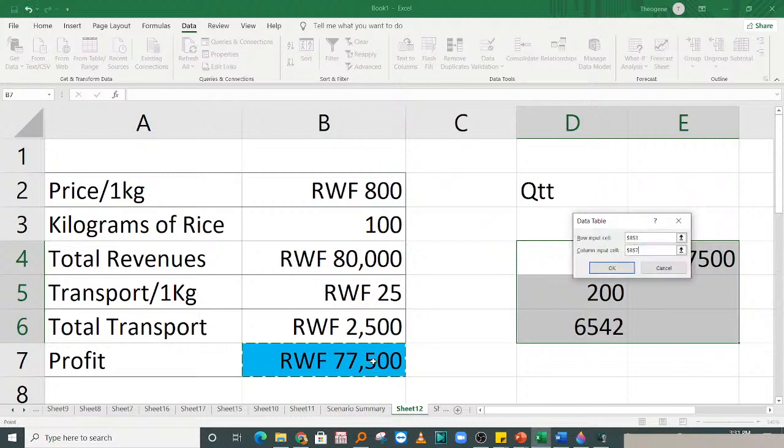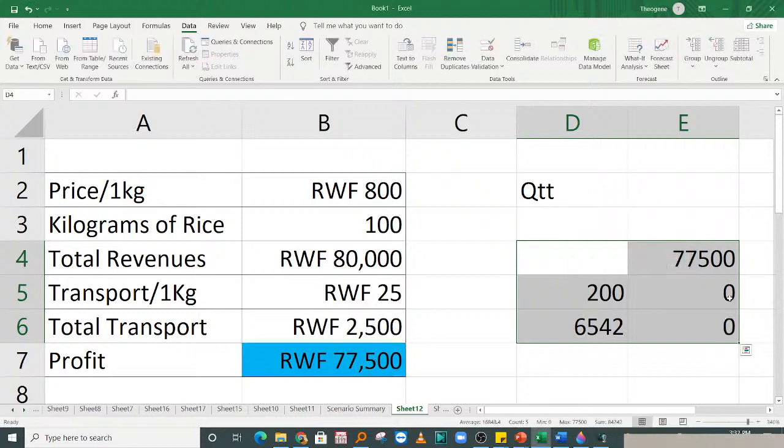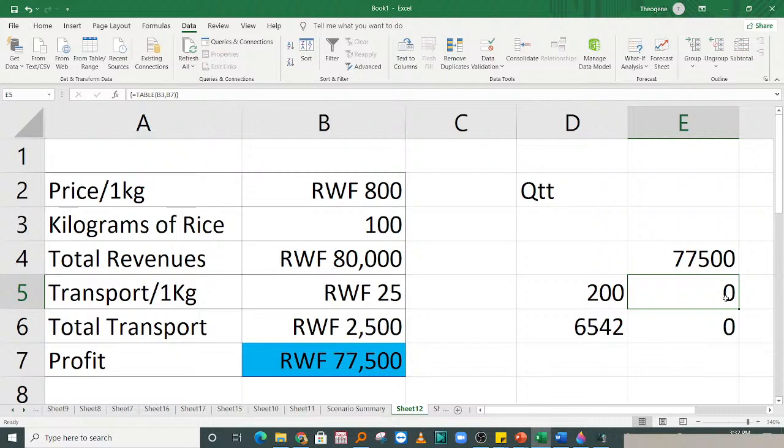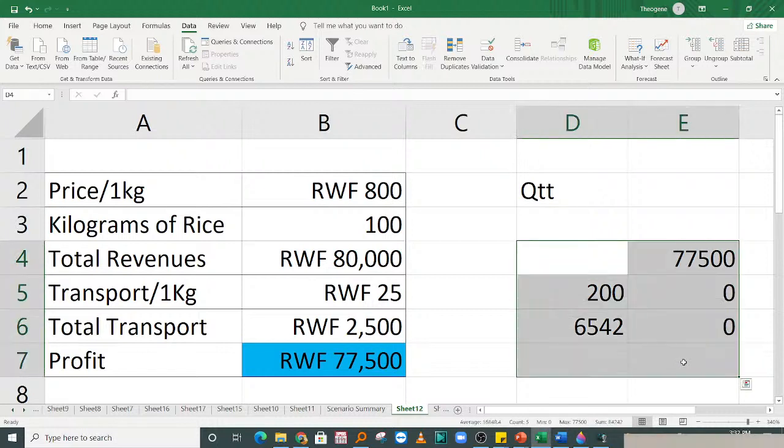Okay, so if I use this, it is giving 0, I need to know why. Because this should be 200, and this should look like the scenario.